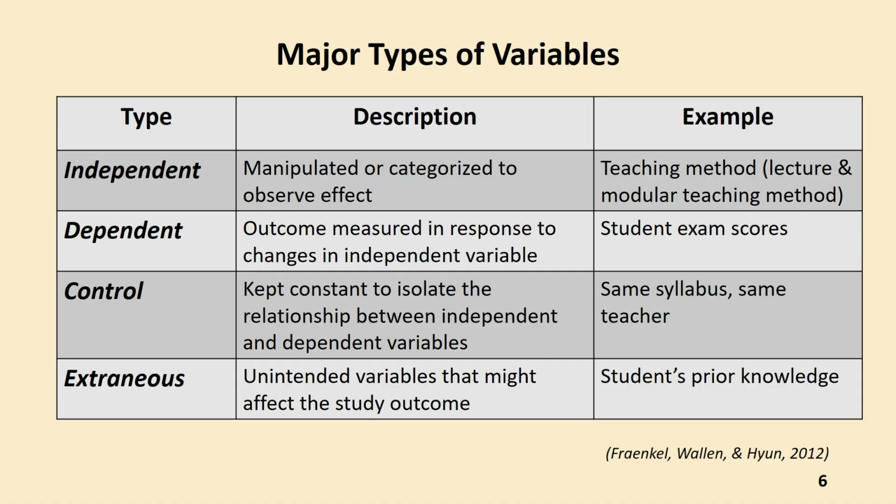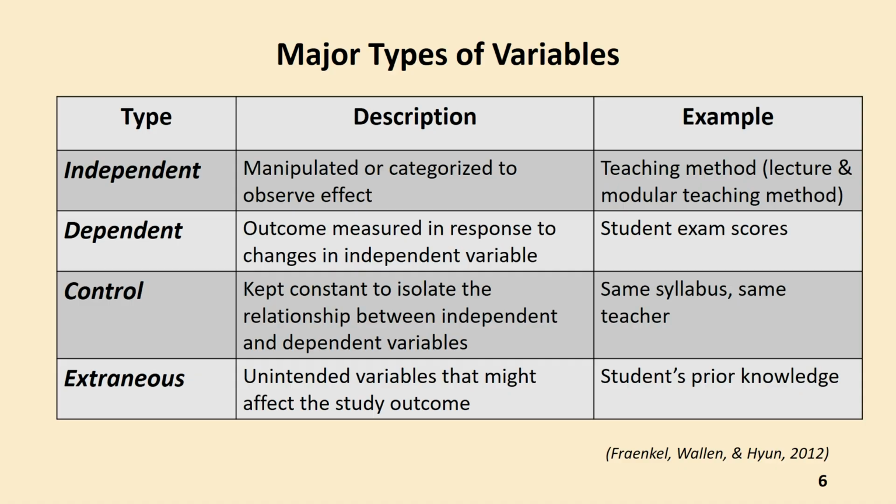Two examples are there. Next is dependent variable. What is dependent variable? Outcome measured in response to changes in the independent variable is called a dependent variable. What are the outcomes of independent variables in the form of effect? That is the dependent variable. The independent variable changes and provides a certain effect over the dependent variable. An example is student exam score.